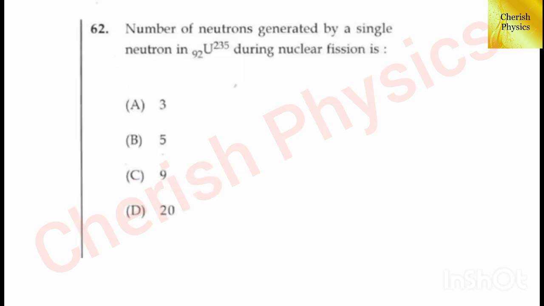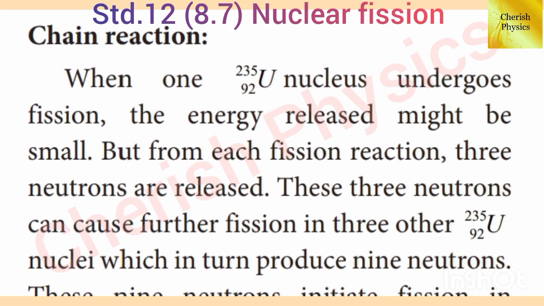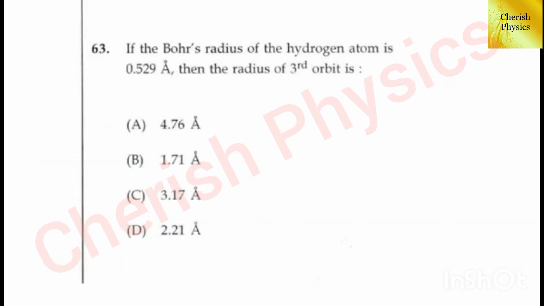12th question. Number of neutrons generated by a single neutron in uranium-235 during nuclear fission is dash. The answer is option A, 3. 13th question.